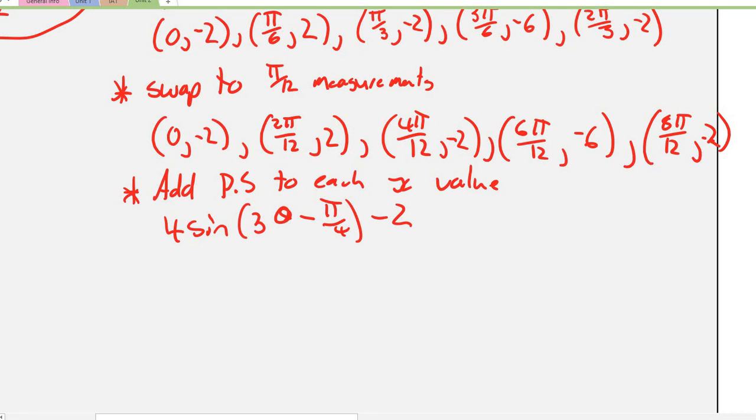If we're adding pi on 12 to it, what's 0 plus pi on 12? Zero plus pi on 12. Pi on 12. If I add pi on 12 to 2 pi on 12, what do I get? 3 pi on 12.